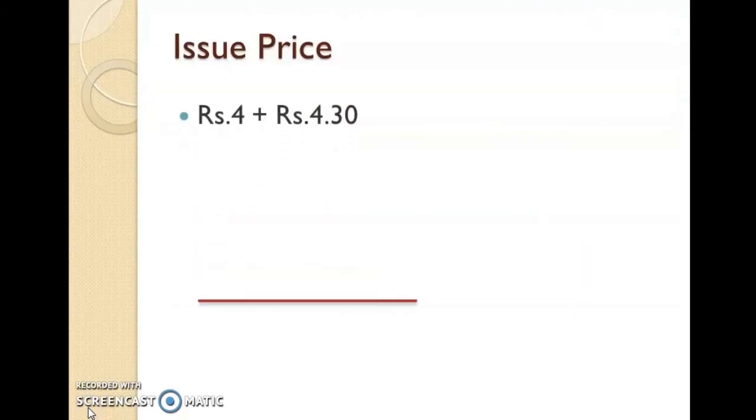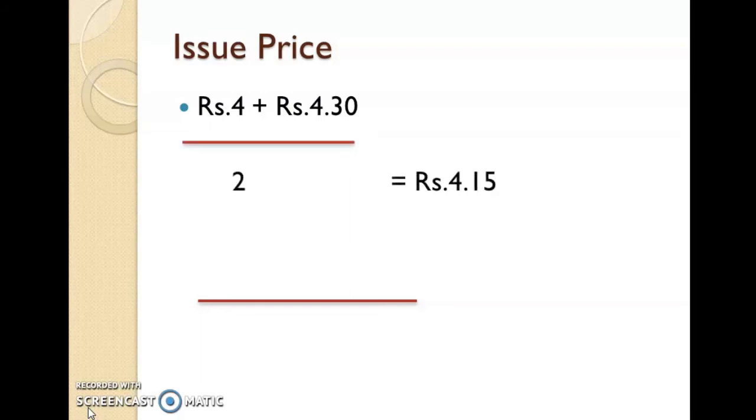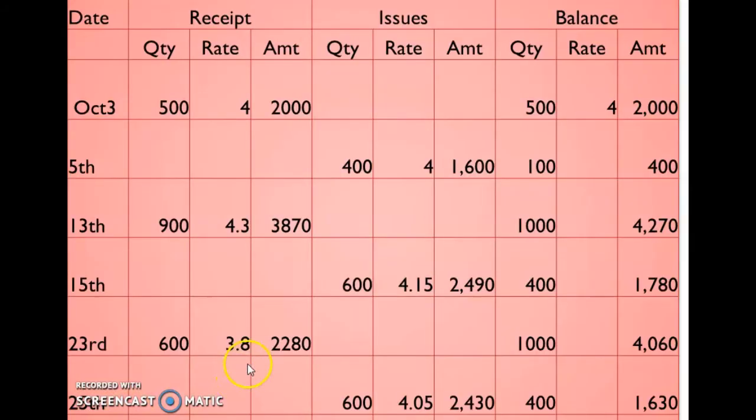We have two rates: one is rupees 4 and the other rate is rupees 4.30. We add these two and divide by 2. We get the answer as rupees 4.15, that is 4 rupees 15 paise. So now we are clear that we are going to issue the 600 units at the rate of 4 rupees 15 paise.